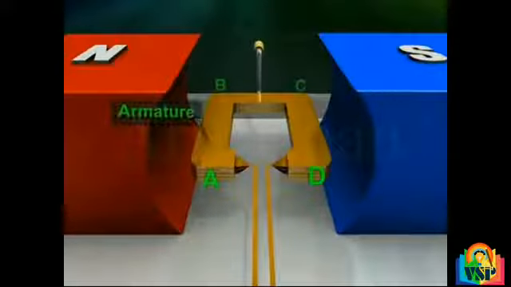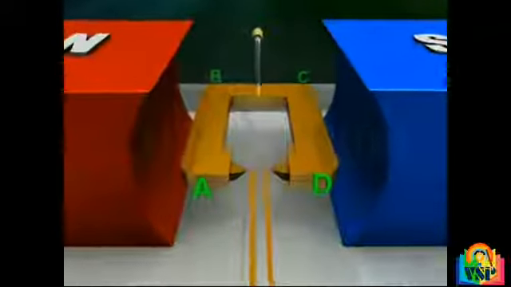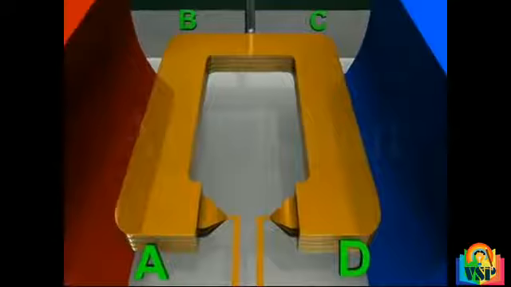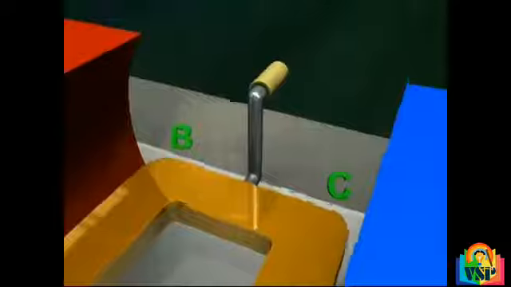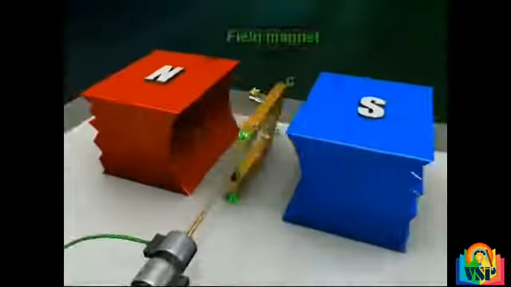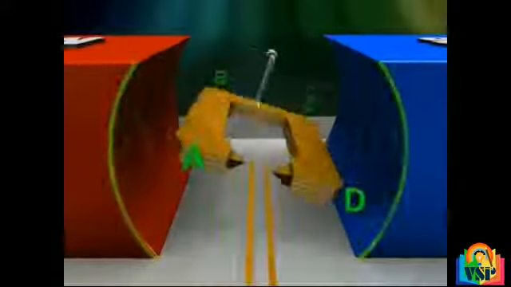Parts of an AC generator. ABCD armature is a coil, a rectangular structure ABCD, on which we can wind a number of copper coils. The shaft is an axis to rotate the ABCD armature. Field magnets, north and south, are concave shaped magnets.